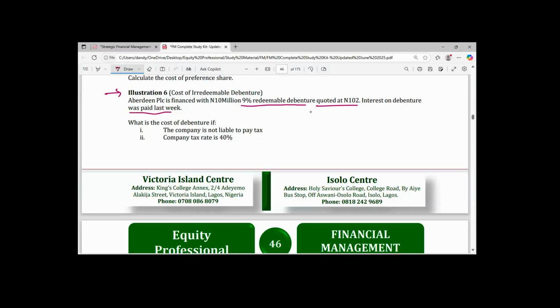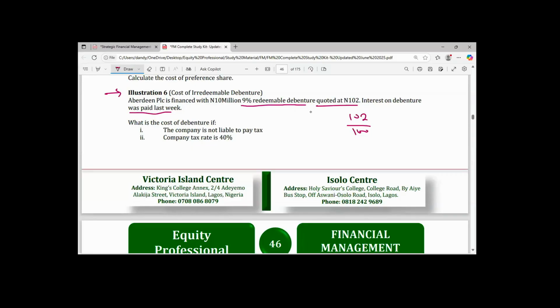Now, the quoted price is the same thing as the market price of this debenture. It is 102 naira. You are supposed to divide it by 100, because, as I was saying the other time, debt is always quoted at 100 naira per unit. Interest on the debenture was paid last week.